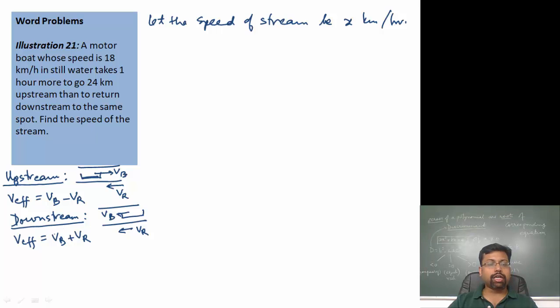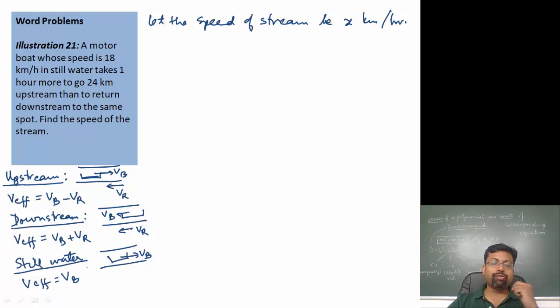This is the case of downstream. And the third case is still water. Still water is the case when the river water is stagnant, it's not moving, and the boat is moving in any direction. So the effective speed of the boat is the actual speed of the boat. These are the three cases that you must know of, and we will be using them right here.